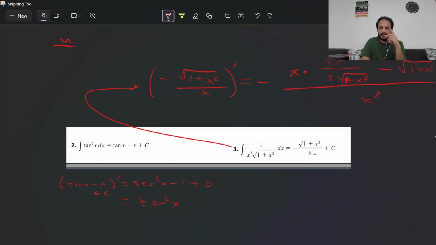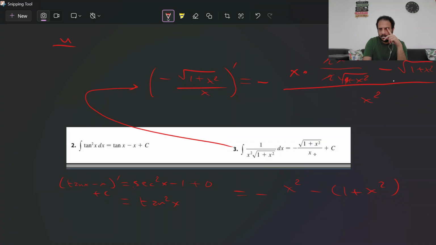I can simplify the numerator to minus x squared. Keep the minus out, okay? So minus x squared minus plus 1 plus x squared.